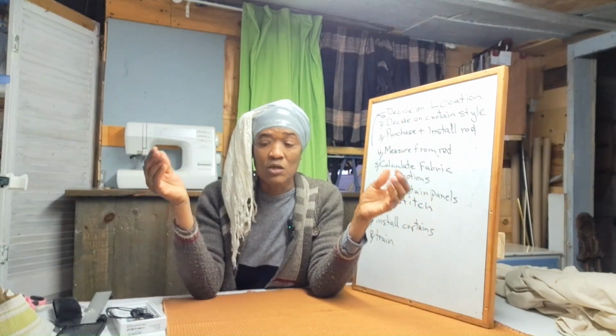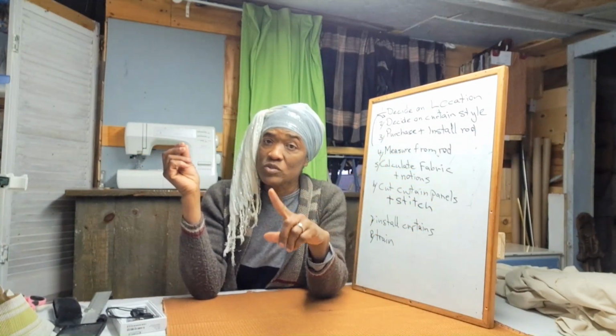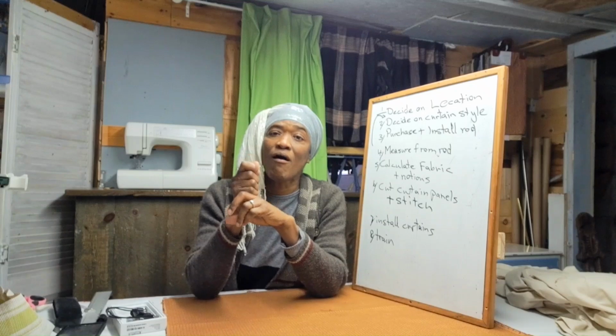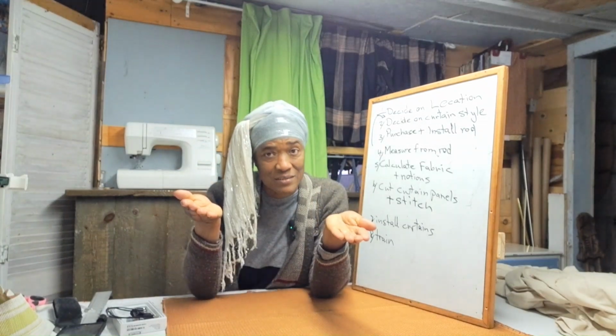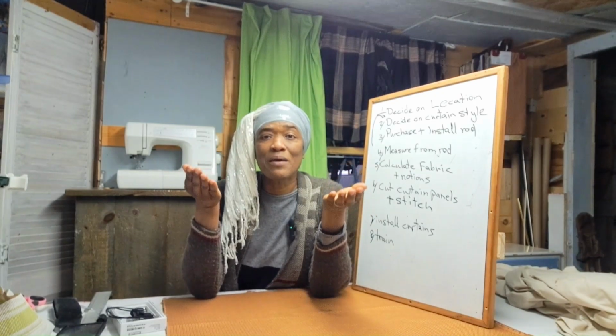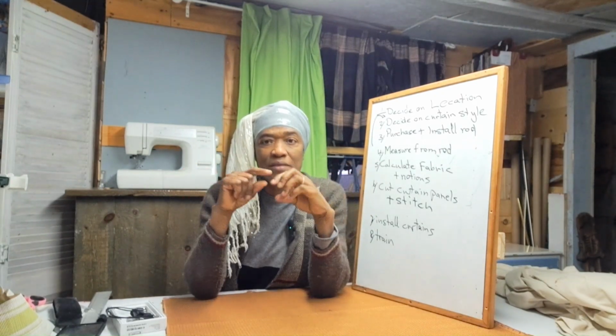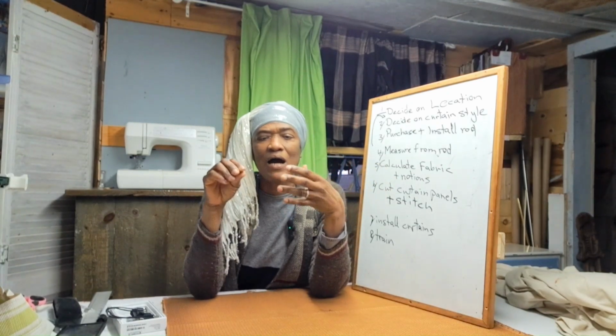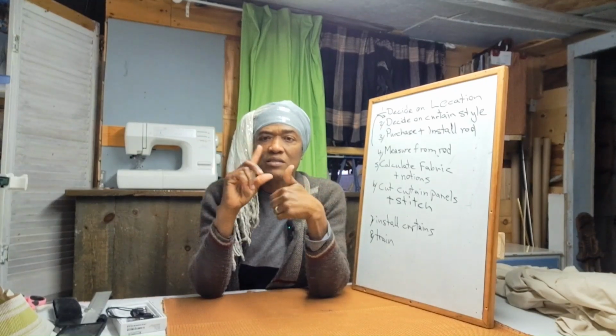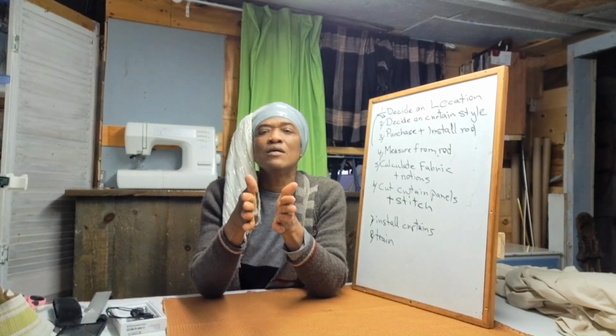After you have made that decision, you are then, number 2, going to decide on the type of curtain that you will be making. Basically the heading of the curtain, right? Whether it is hidden tab or tied tab or regular exposed tabs, pinch pleat, tunnel or rod pocket.